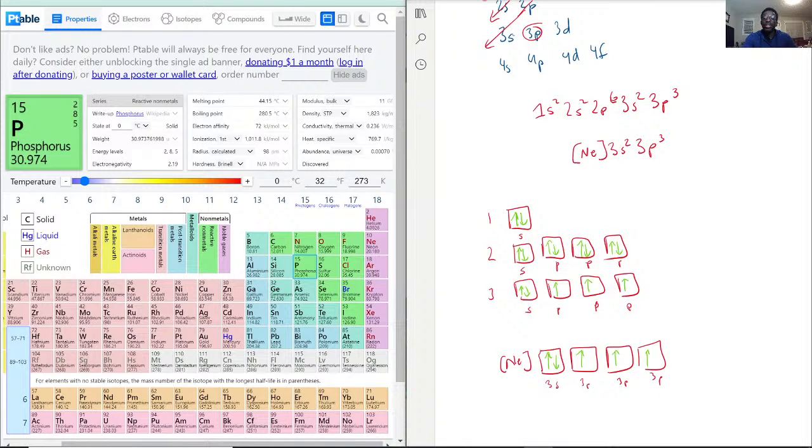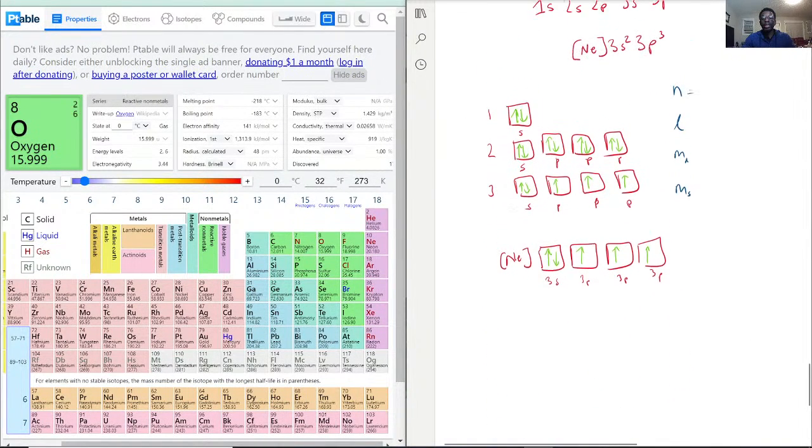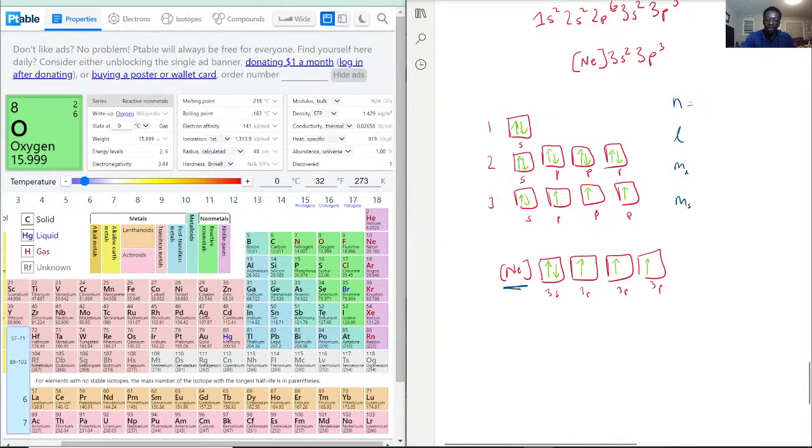So now they're asking us for the possible quantum numbers for it. So as a review, there's 4 quantum numbers, okay, as I mentioned. We have the n, we have the l, ml, and ms, okay? So n tells you what shell we're on, and they specifically ask for the quantum numbers in the valence shell, so past neon, okay?